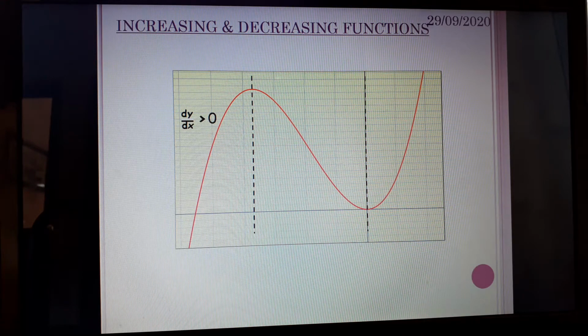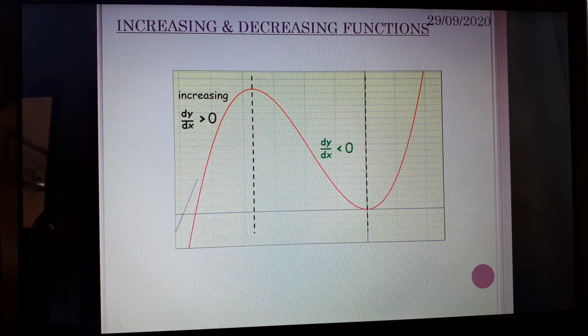Now, if we were to draw the tangent to that curve at any point to the left of that first turning point, we would find that the gradient would be going from left to right upwards. And if the gradient is increasing when the tangent is touching the graph, then we know that dy by dx is going to be greater than 0.